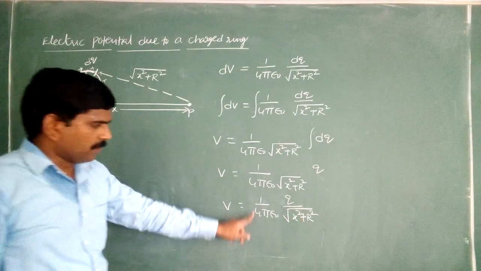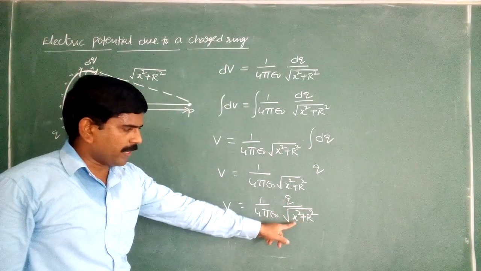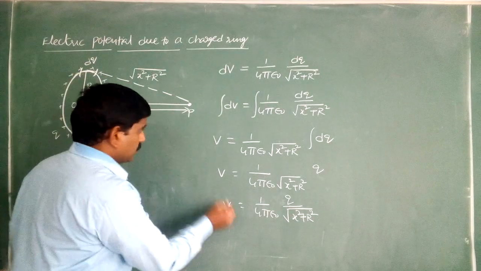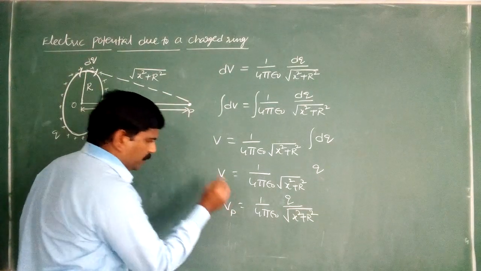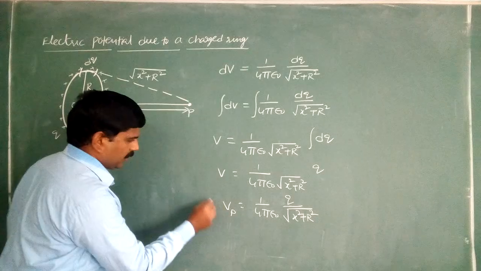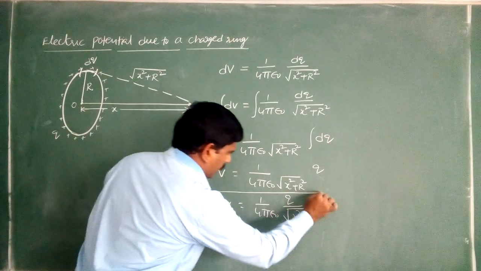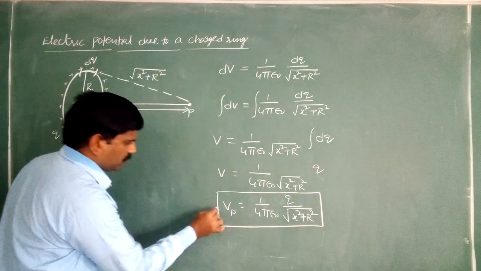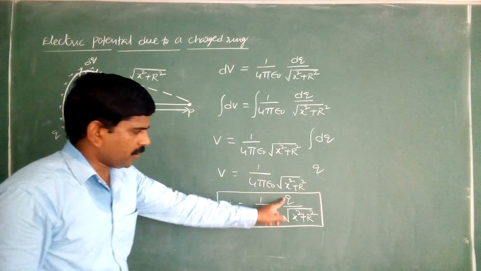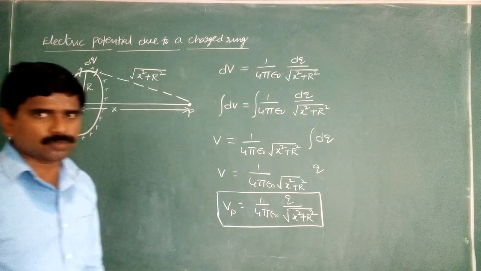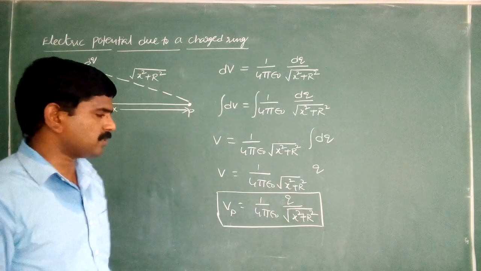This is the electric potential at point P, so we call it Vp.